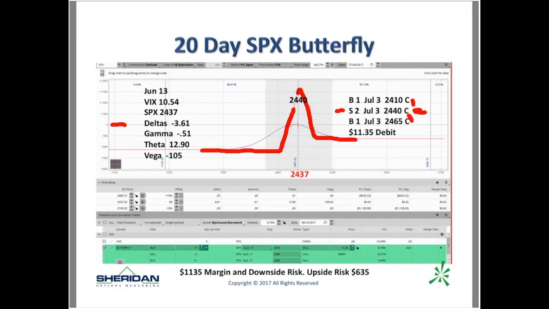Again, I sold more extrinsic value than I bought. So if we go to 24.40, all that rich time premium, which I sold more of than I bought, will go to zero, and that's why you make money, because that's the one you're selling. So ideally you would like it to go to the short strike.